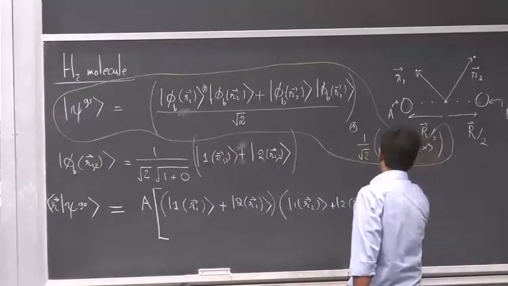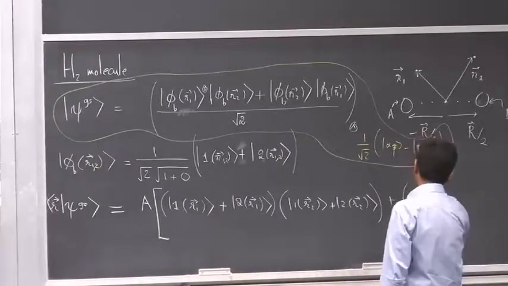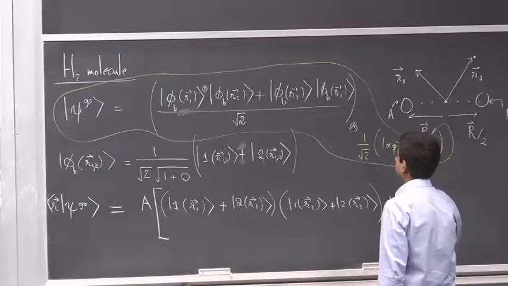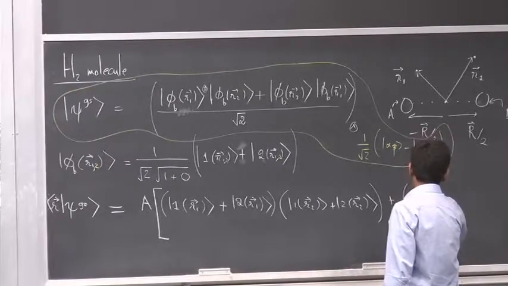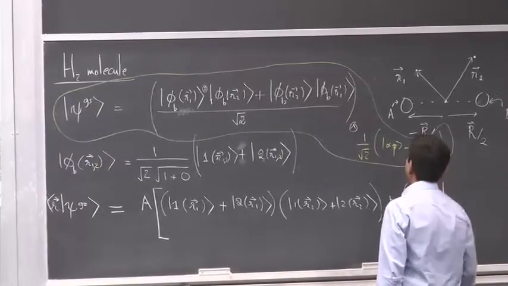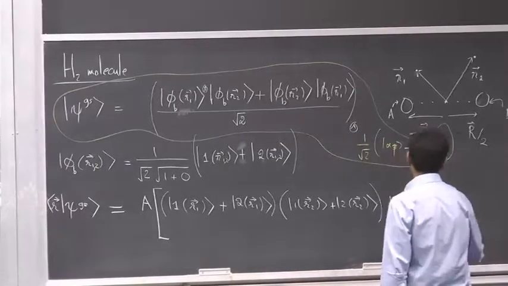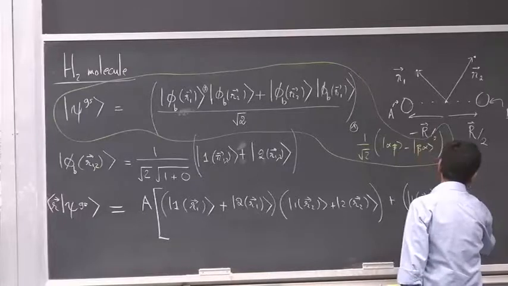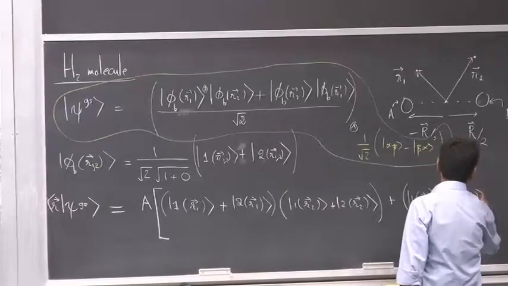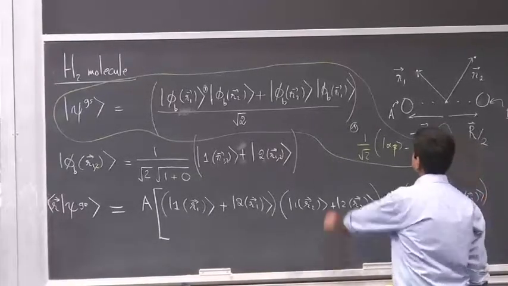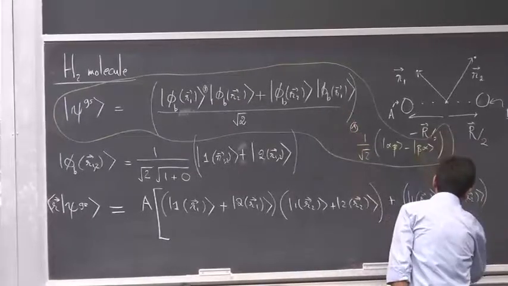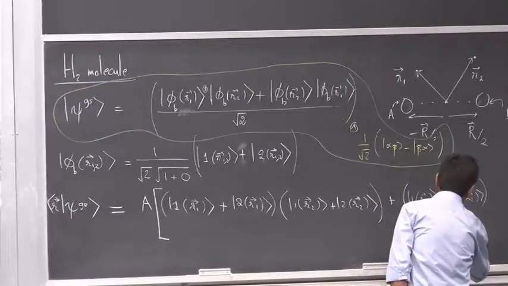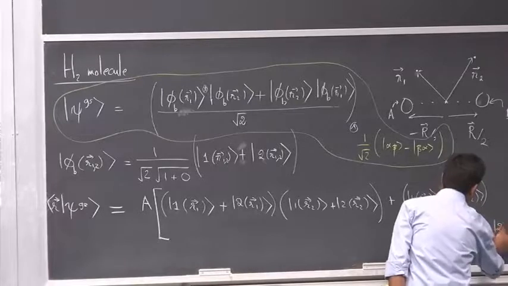Then I have 1 of r2 plus 2 of r2, and then I have this 1 of r1 plus 2 of r1.